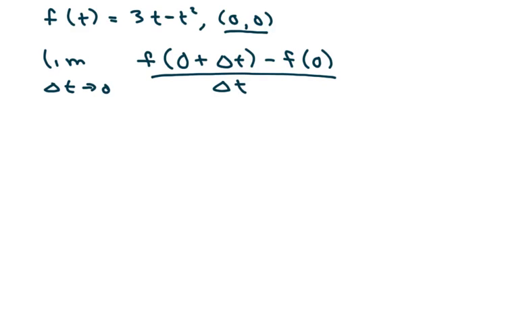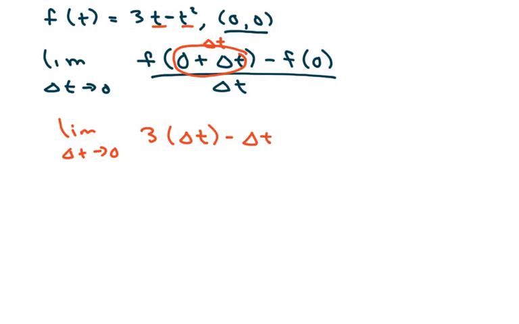So then we're going to get the limit as delta t approaches 0, and everywhere there's a t, I'm going to plug this in. So basically this just equals delta t. So it makes it easier. So we have 3 times delta t minus delta t squared, and f of 0 is just 0, so it's just going to be minus 0 over delta t.